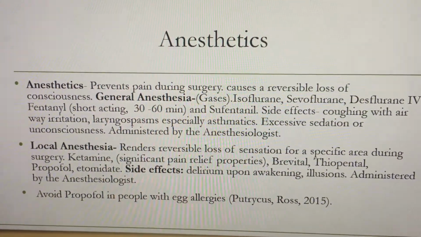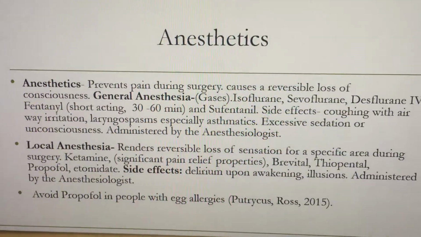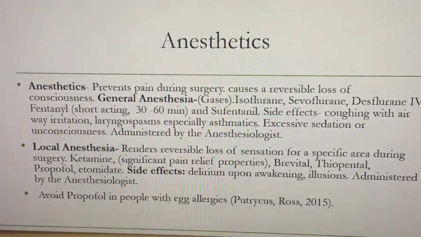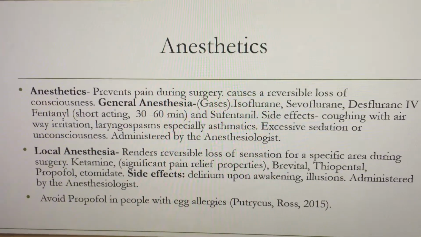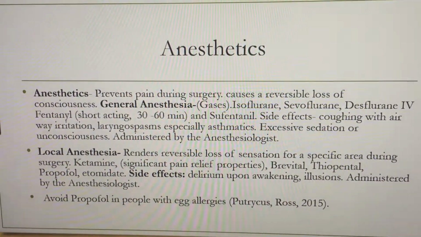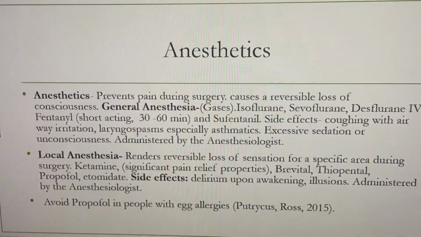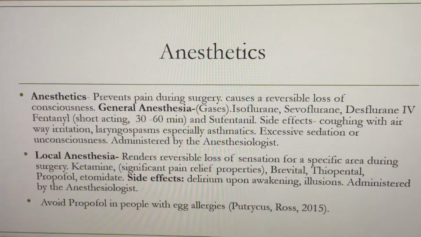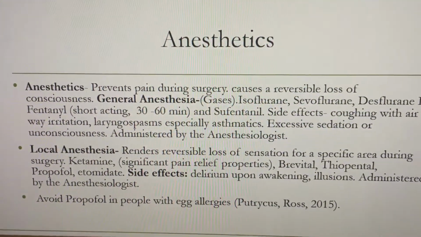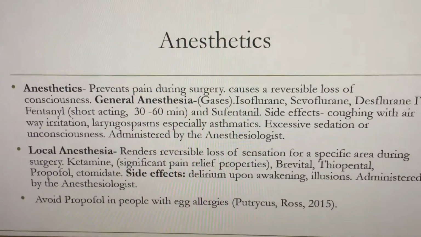Local anesthesia is also given in the OR. Local anesthesia renders a reversible loss of sensation for a specific area during surgery. An example is ketamine. Ketamine is an anesthetic and it is a powerful pain medication. Usually the patient is comfortable after coming to the PACU after receiving ketamine.